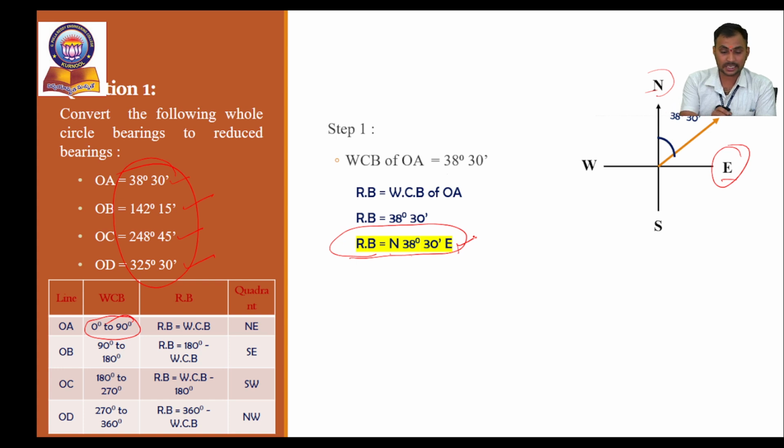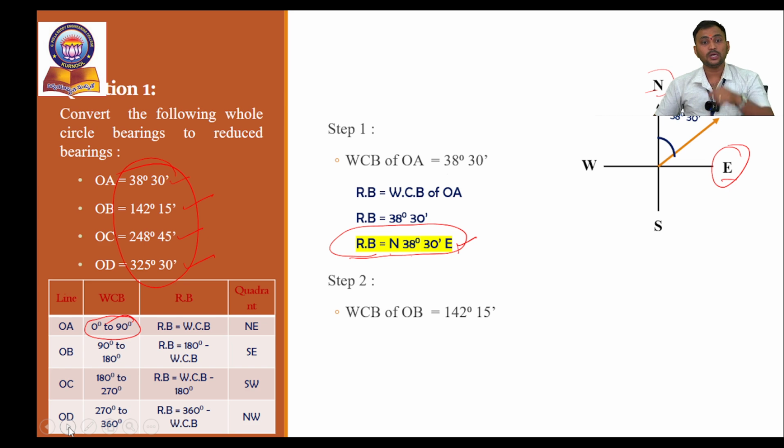Okay. Next, step 2. The whole circle bearing of object line OB is given as 142 degrees 15 minutes. In which direction will it fall? It is presented in between 90 degrees to 180 degrees, my dear students.